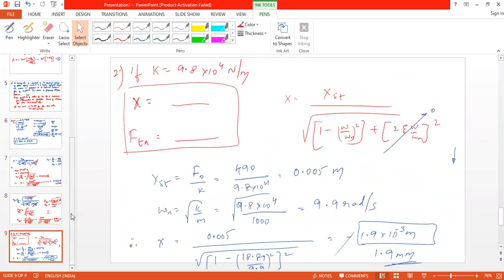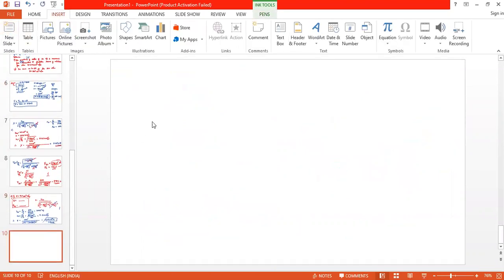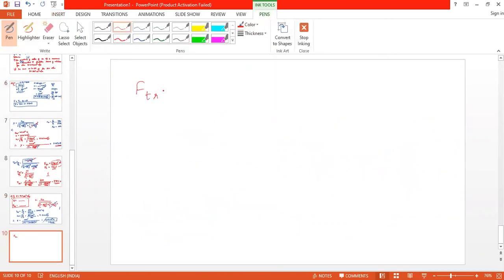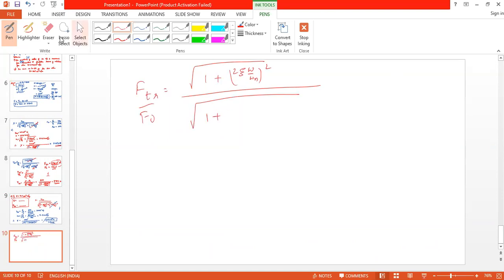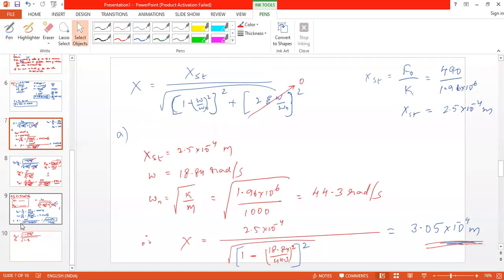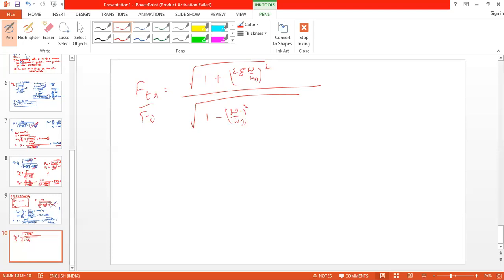Okay, now find out the force transmitted. FTR by F naught is equal to root of 1 plus (2 zeta omega by omega n) whole square, divided by root of (1 minus omega by omega n whole square) plus (2 zeta omega by omega n) whole square.